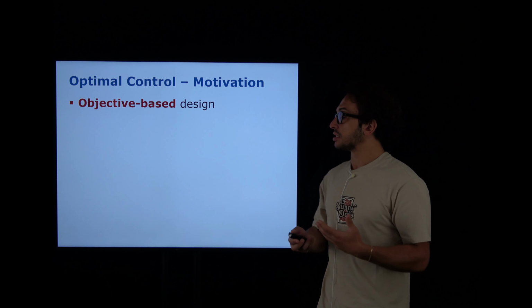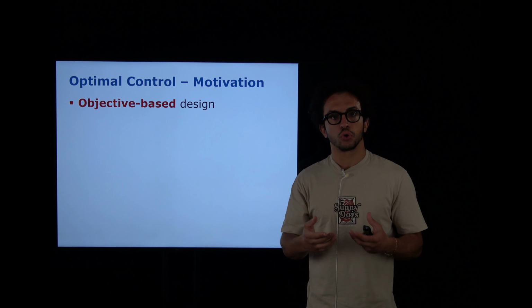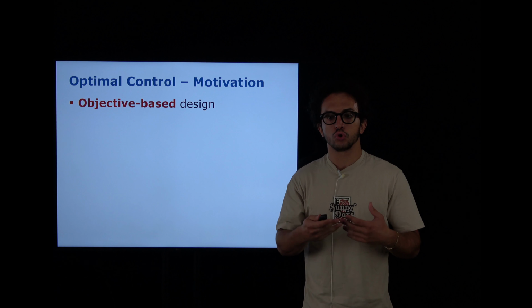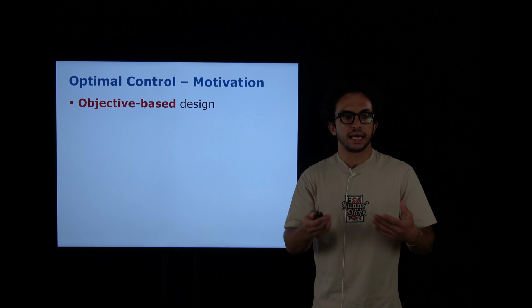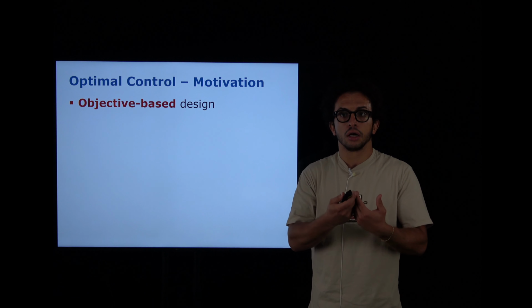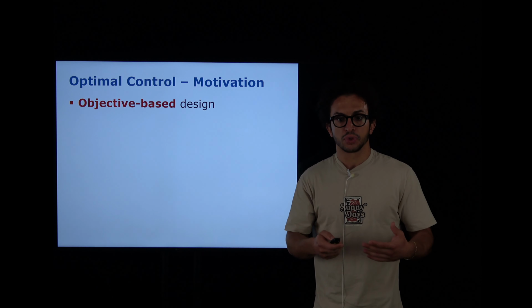With the objective-based design, on the other hand, we have a slightly different control problem where we want to minimize a cost function. So we want to achieve something. And this can be anything, can be again minimal error, but it can also feature stuff like minimal actuator effort or other things like this.